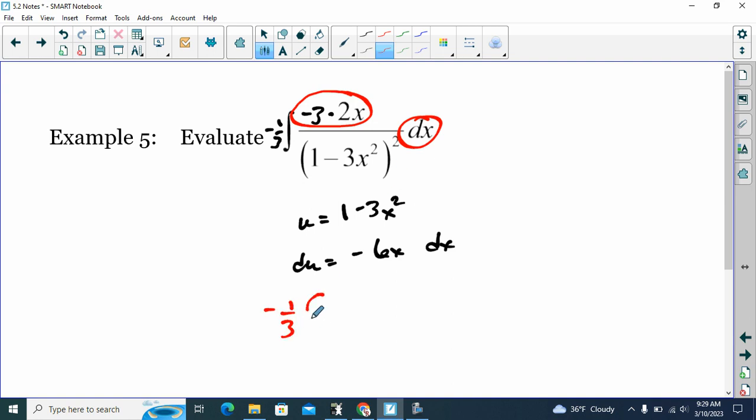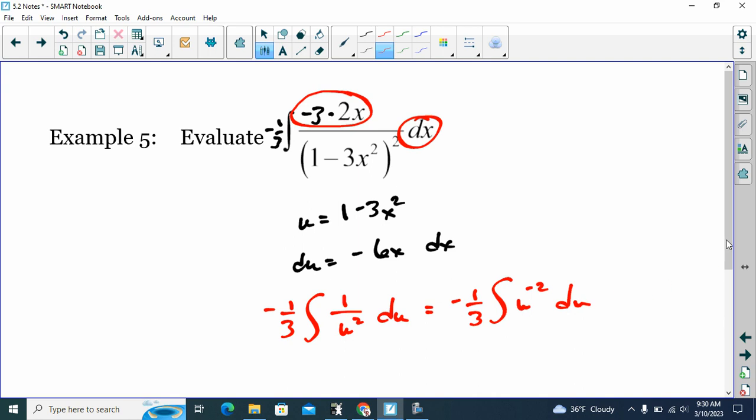So negative 1/3 times the integral. That's du. That's u squared. Integral of 1 over u squared is not a natural logarithm. We need to rewrite it as u to the negative second.